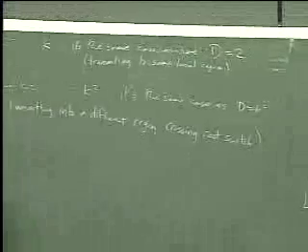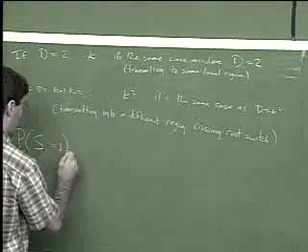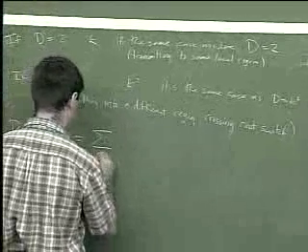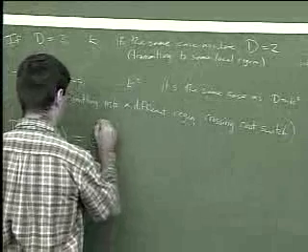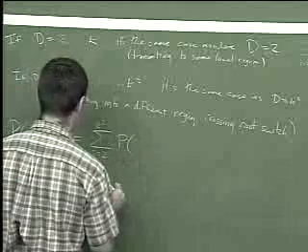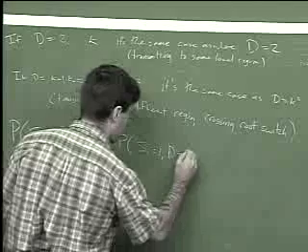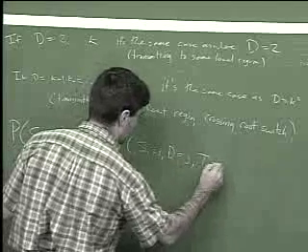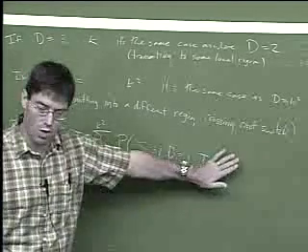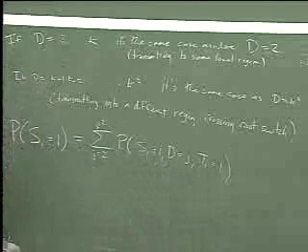So the probability that S1 equals 1 is the sum of the probabilities that S1 equals 1, D equals j, D1 equals 1. Of course, we can always ignore this T1 because if S1 is 1, then T1 has to be 1.